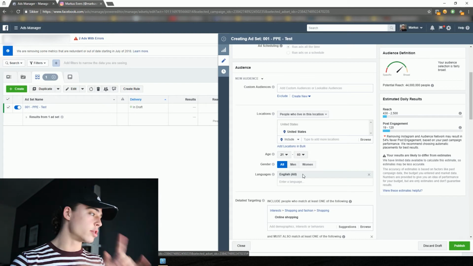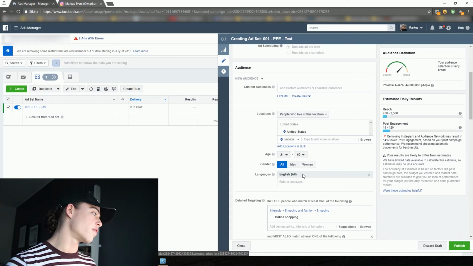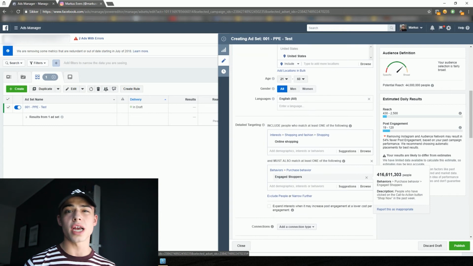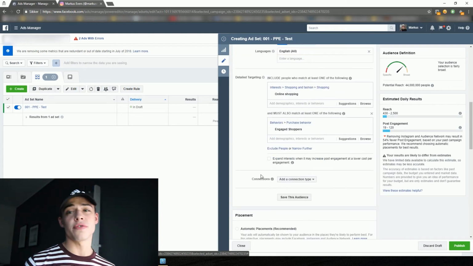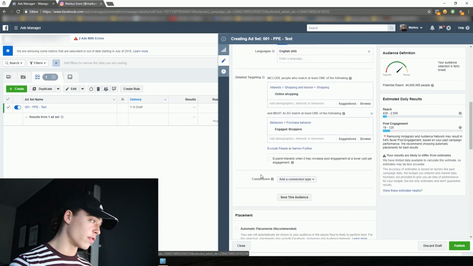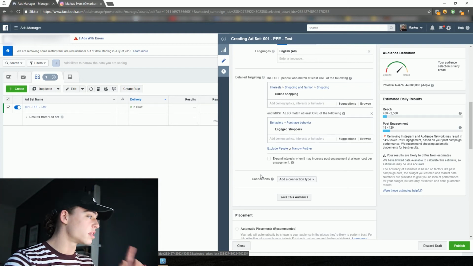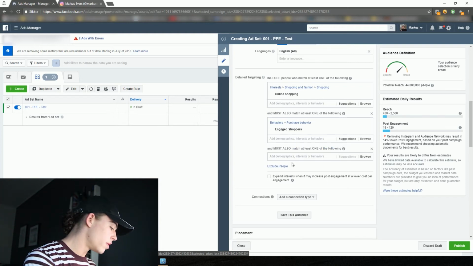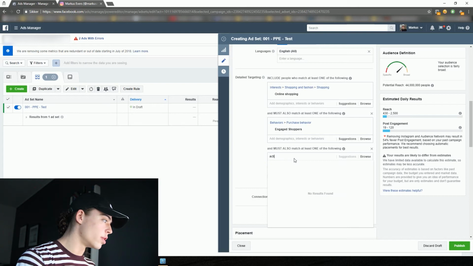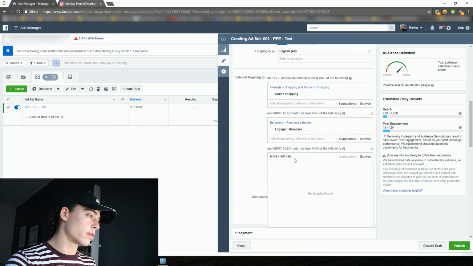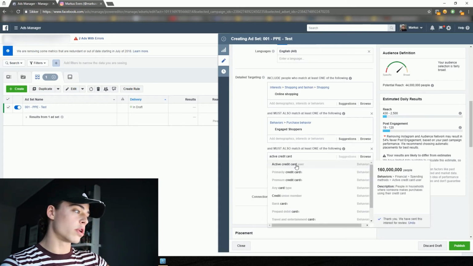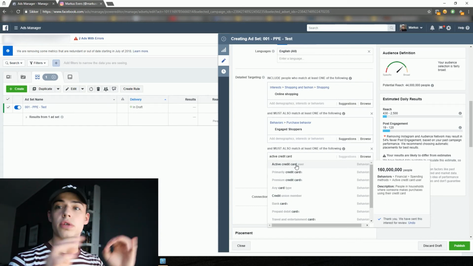Another great thing to do when you're targeting, if you don't know if you want to narrow down your audience size when you're testing your products, or if you're just doing a conversion campaign, is to target active credit card users. In this way, you're targeting people in households where someone makes purchases using their credit cards.